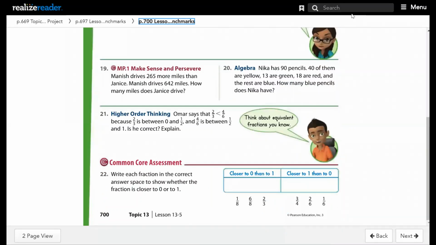Question number 22. Write each fraction in the correct answer space to show whether the fraction is closer to 0 or to 1. Closer to 0 than to 1.